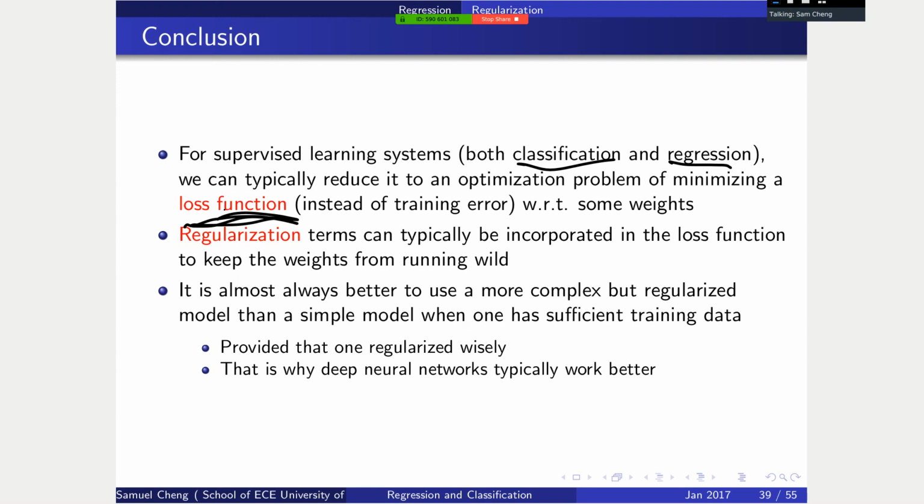The trend is that we always use a more complex model, but try to regularize it. People no longer think that if we overfit, we should look for a simpler model. That probably is not a very good idea.